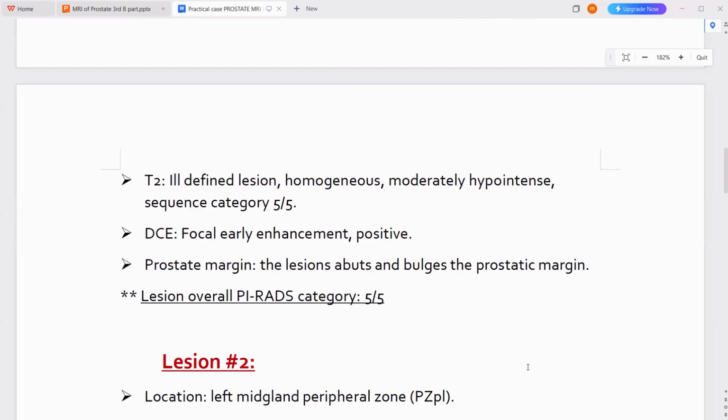On the T2 weighted image, it is an ill-defined homogeneous, moderately hypointense lesion, larger than 1.5 centimeters, so score 5. Dynamic contrast enhancement is positive. Prostate margin: the lesion abuts and bulges the prostatic margin.